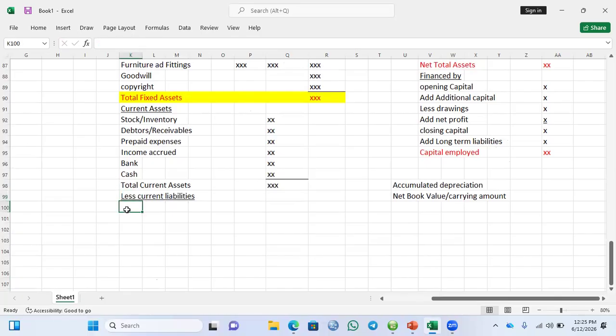So what are the current liabilities you know? Oh, have we forgotten our current liabilities?